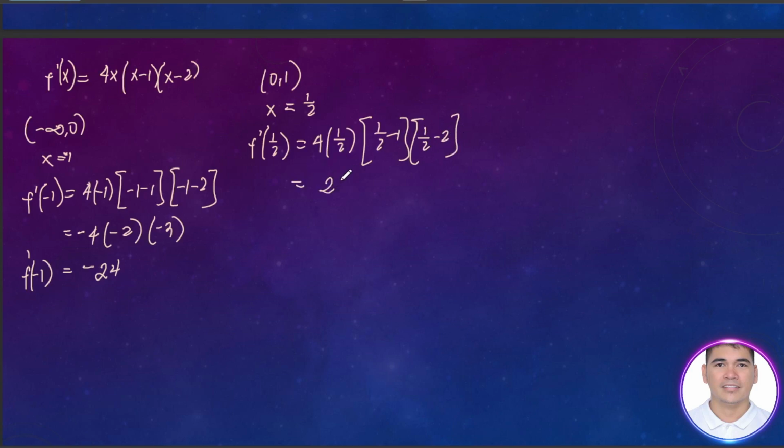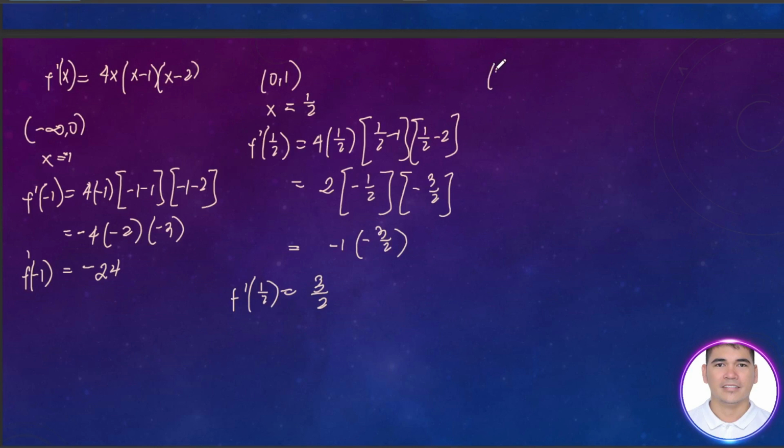We get here 2. 1/2 minus 1 is negative 1/2. 1/2 minus 2, we have negative 3/2. So here we can cancel this one. So 2 times negative 1/2, we have only negative 1 times negative 3/2. We get positive 3/2.